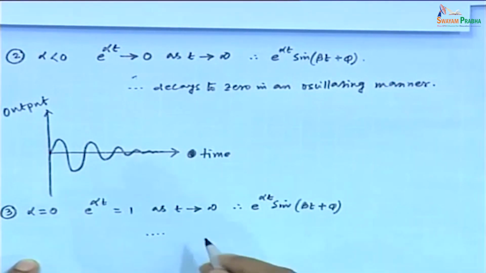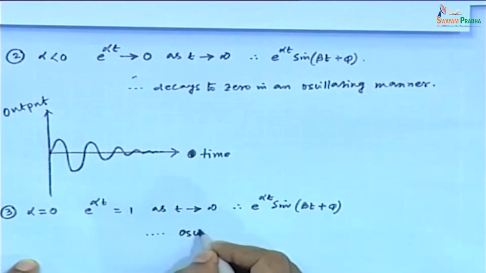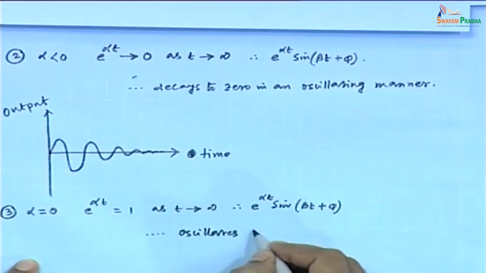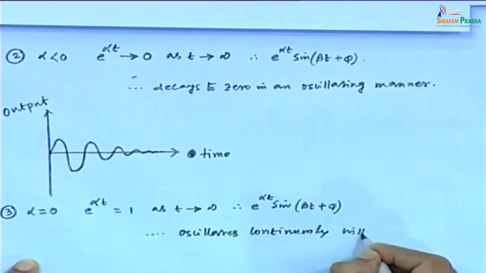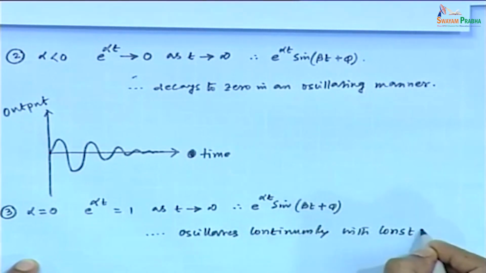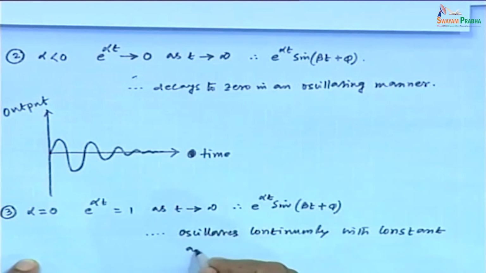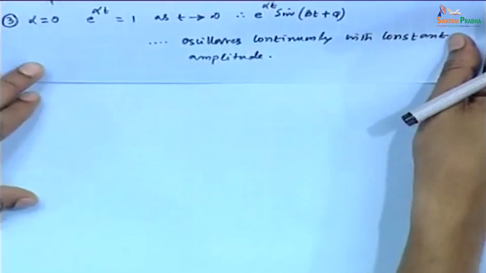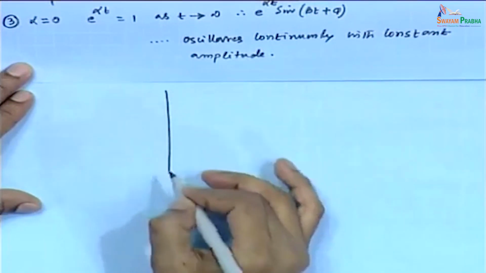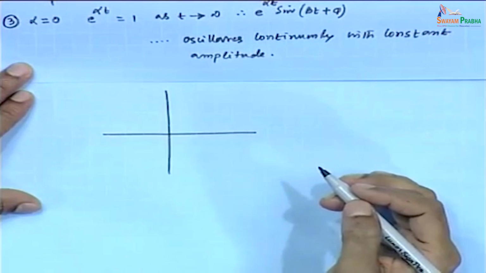So, we can write it oscillates continuously with constant amplitude. This is sometimes called marginally stable, and for this case the graphical representation is, okay, fine.